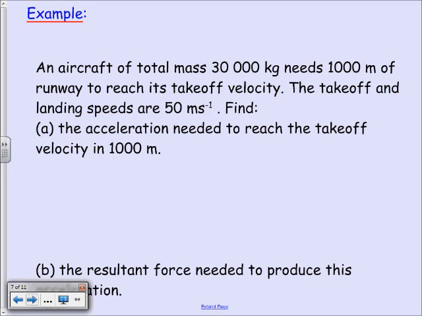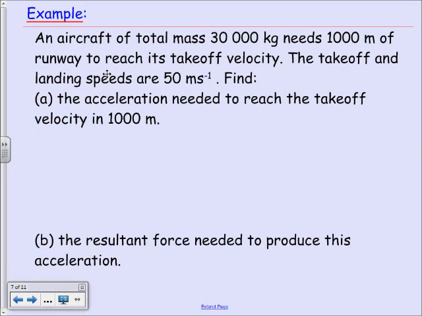All right, here's a worked example, similar to one of the problems that you'll find in the worksheets. An aircraft of total mass 30,000 kg needs 1,000 meters of runway to reach its takeoff velocity. The takeoff and landing speeds or velocities are 50 meters per second. Find the acceleration needed to reach this takeoff velocity in 1,000 meters.